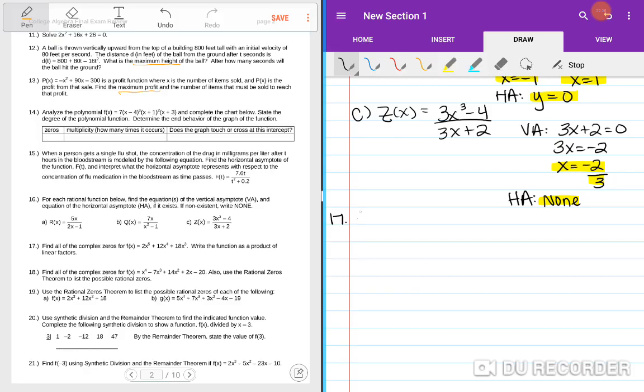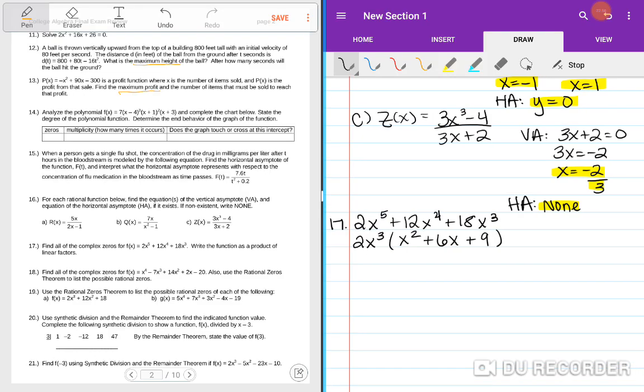So, 2x to the 5th plus 12x to the 4th plus 18x to the 3rd. The first thing I'm going to do is factor out a greatest common factor. My greatest common factor would be 2x to the 3rd. And I'm left with x squared plus 6x plus 9.